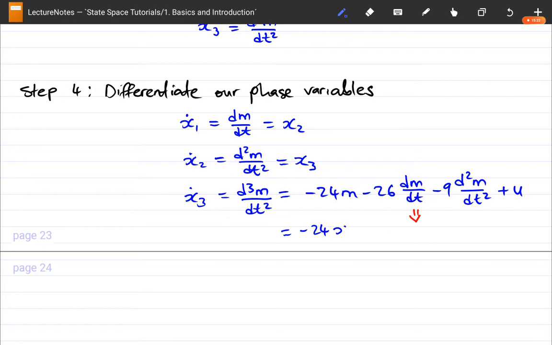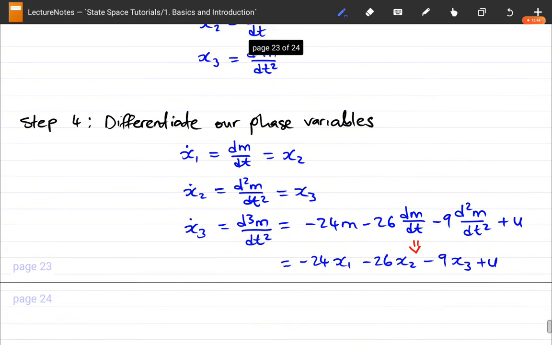So this is going to be x1 minus 26. The first derivative of m is just x2. And minus 9, second derivative is x3. And it's going to be plus u.